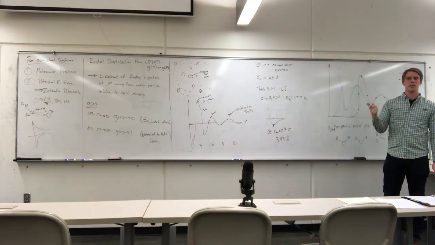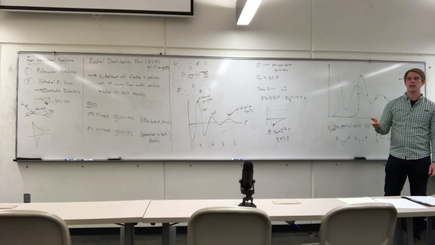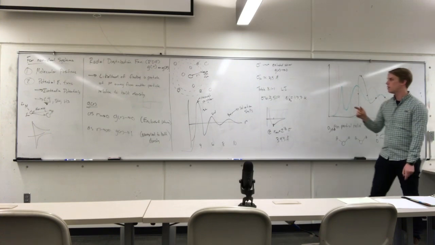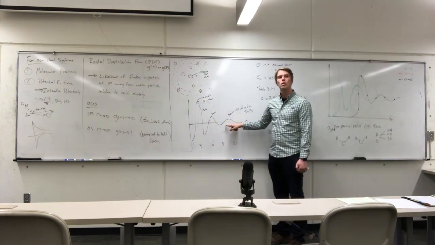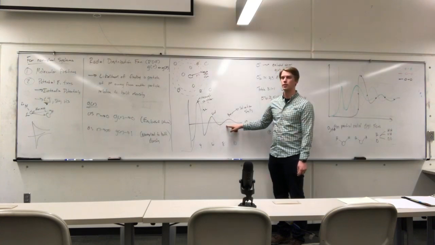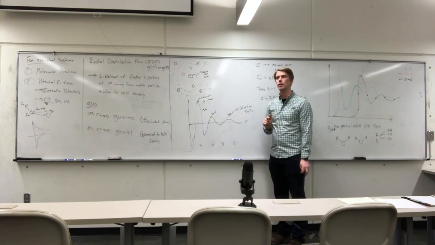But when it comes to liquids and dense fluids, it could be non-ideal gases, all of the properties of matter are based on how the molecules are positioned. So if you know the position of molecules relative to one another, you know all of the properties about that fluid, thermodynamically.